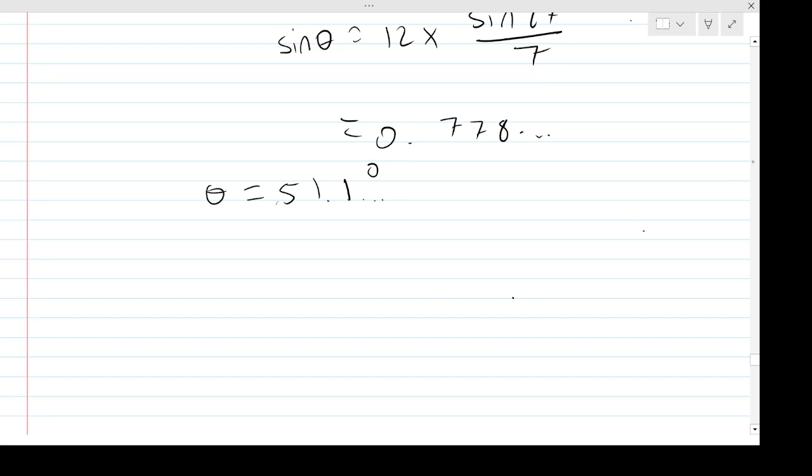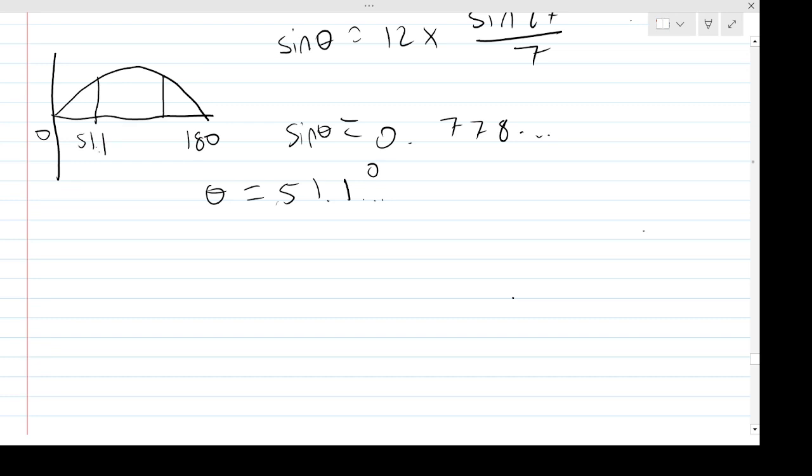So the other angle again would be, if I draw my sine curve again between 0 and 180, the first solution is 51.1, so that's going to be about there, say. So the other solution is going to be like there, okay?